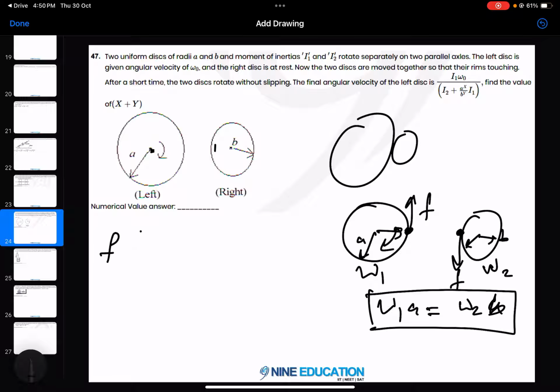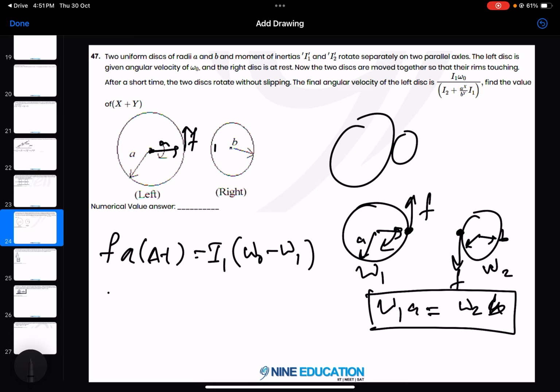Frictional force is acting and the torque produced will be F into a. Torque into delta t will give us angular impulse, which is the change in angular momentum, I1 into omega naught minus omega 1. Initially it was omega naught, finally omega 1. The same angular impulse on B will be friction, the same friction force into b into delta t, which is I2 into omega 2.